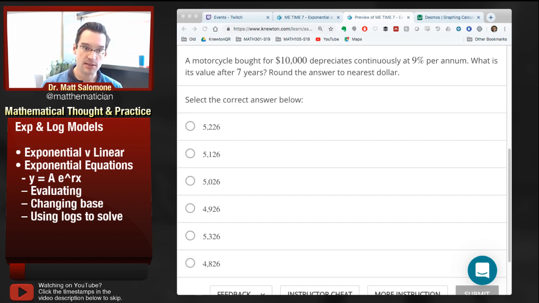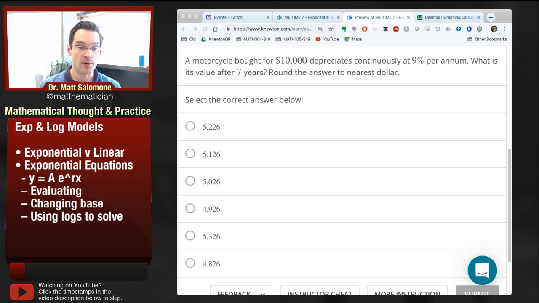And this sounds like a very quick question, but I actually want to get a lot of mileage, so to speak, out of this question, because I want to use it as an example to take a step back and figure out why the behavior that's being described here is not well modeled by a linear function, the kinds of functions that we've already spent quite a bit of time studying and coming to grips with.